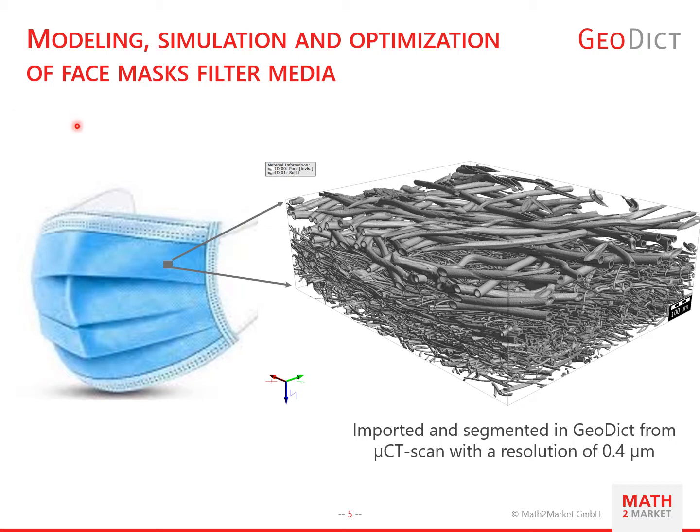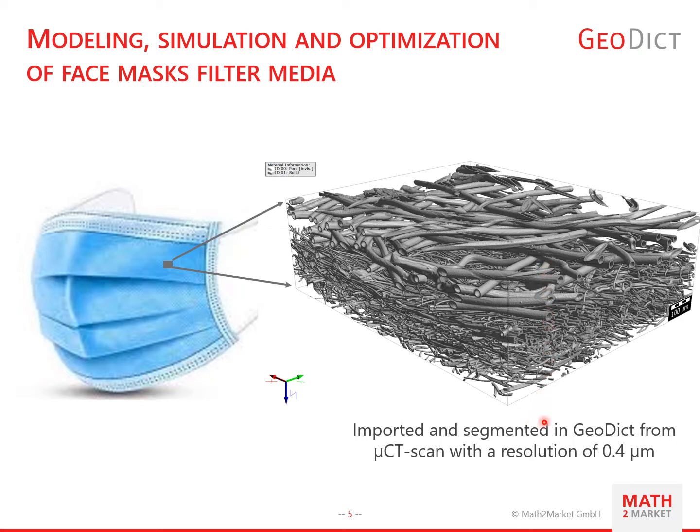Here in this slide, you can see on the right side the microstructure of a two-layer filter media of a well-known face mask, which is imported and segmented in GeoDict from micro CT scan of the media with a scanning resolution of 0.4 micrometer. We can see here at the bottom the fine layer, and on the top the pre-filter or support layer of this filter media.